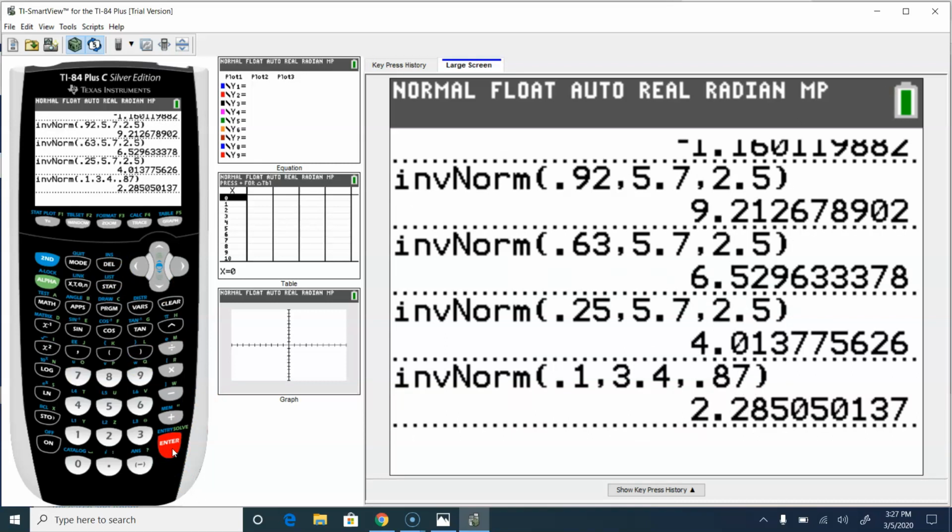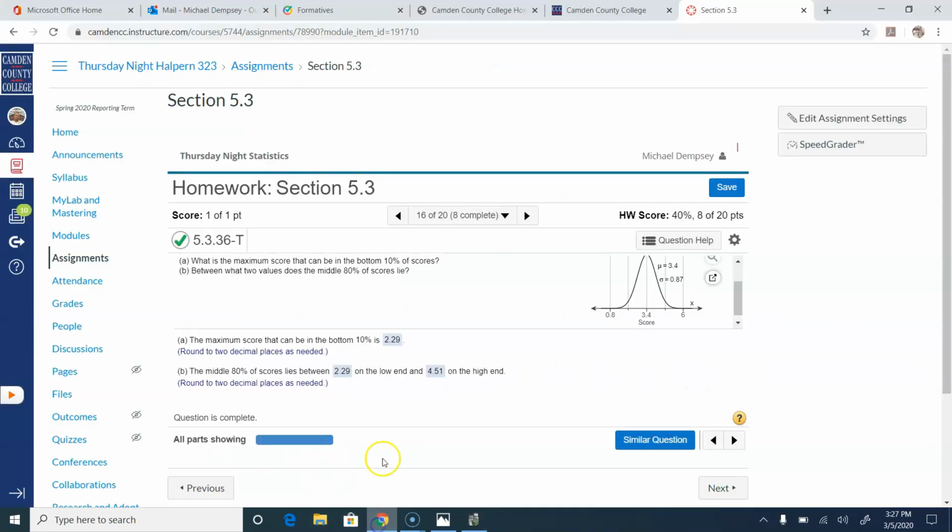So 2.29. Okay, I already filled this one in. So rather than resetting this, yeah, 2.29, you can see that. I'm going to show you how I get the other two.